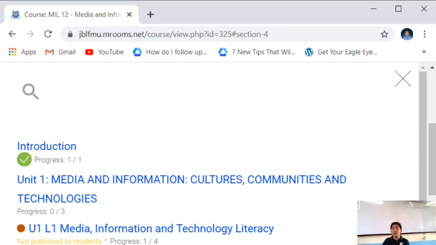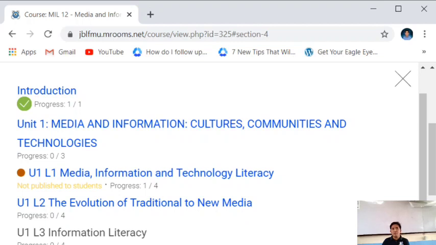That's Lesson 3, right? So now we're going to discuss Lesson 4, the types of media, and then the other video that I will send to you right after this is about media and information sources, okay? So now let's focus first on the different types of media.